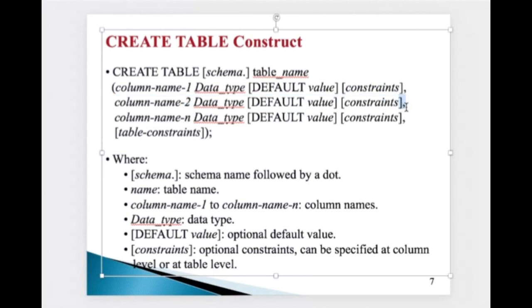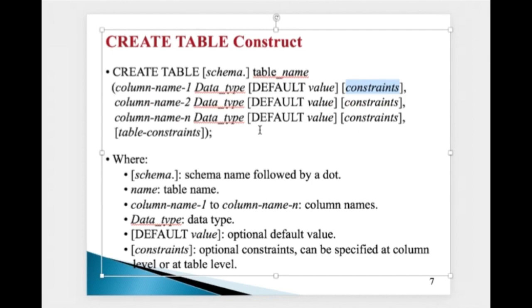Then there is a comma again. After this comma, the third column starts. Then a comma, the fourth column, the fifth column. If you mention a constraint at the end of each column, this constraint is called a column level constraint.